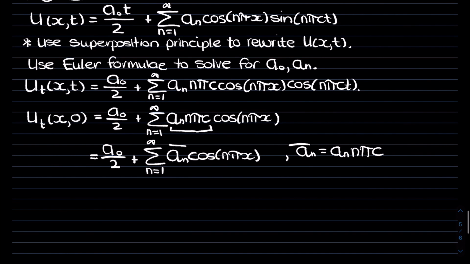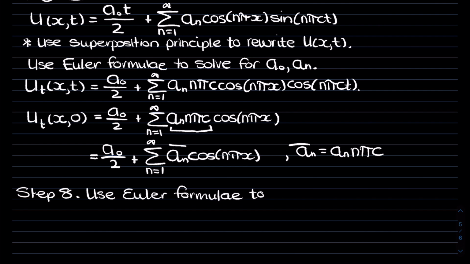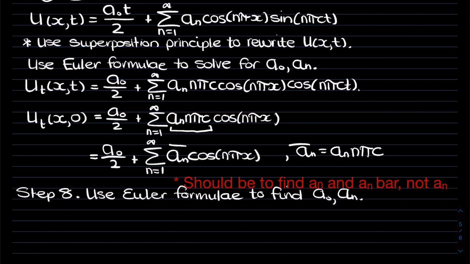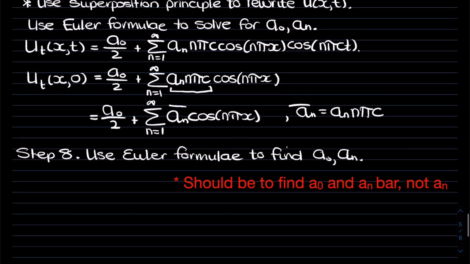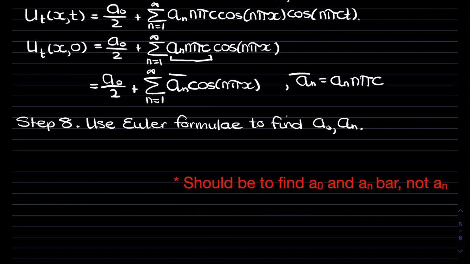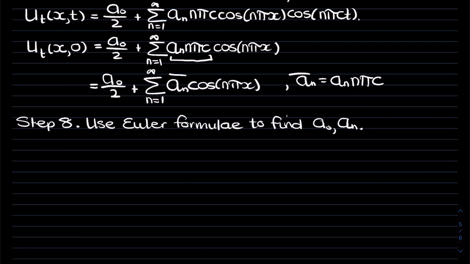So step 8 is to actually use the Euler formulae to find A naught and A of n. You'll notice that there's also a B of n for the Euler formulae. We don't need to use it in this question, but that also exists.